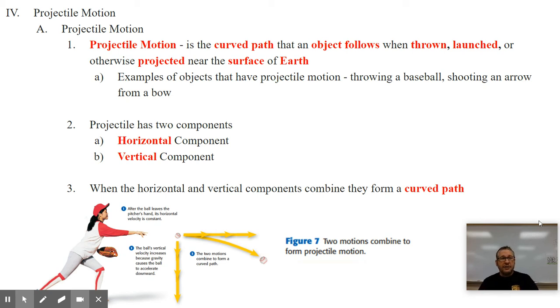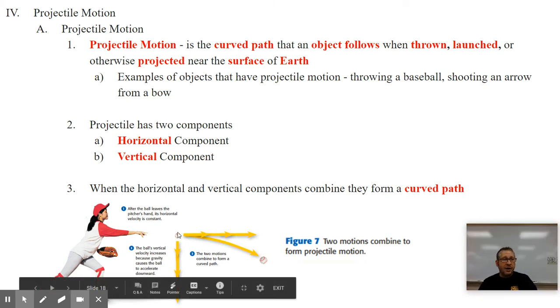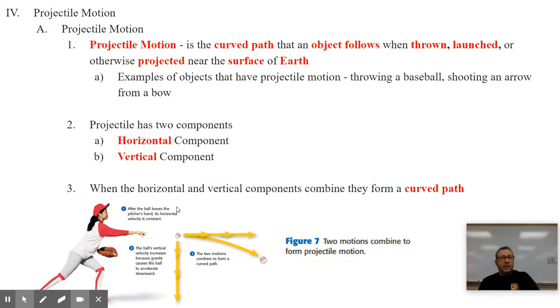If we look at this image of the pitcher down here, number one, after the ball leaves the pitcher's hand, its horizontal velocity is constant. And we say that because after you throw it, that ball is not getting any additional force provided to it. Okay? There's nothing else that's going to be pushing it. It's all coming from what you did initially.